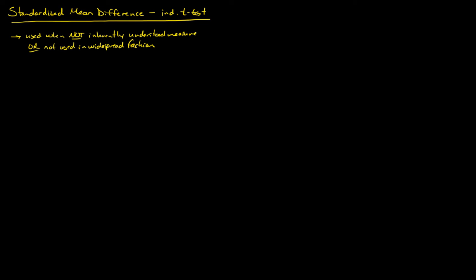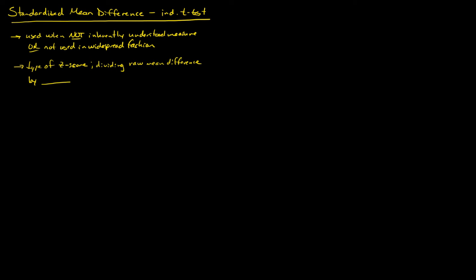Okay, so the big picture here is essentially we're going to create a kind of z-score. And you're going to get it by dividing that raw mean difference by something.